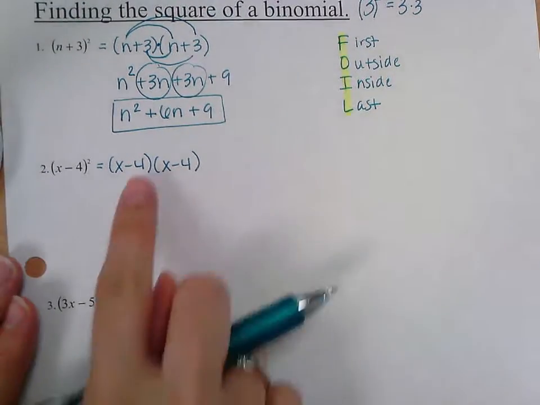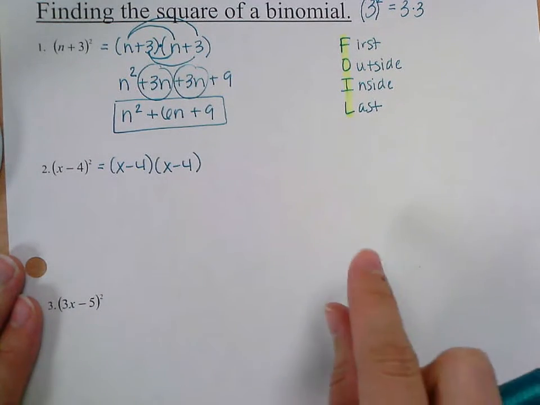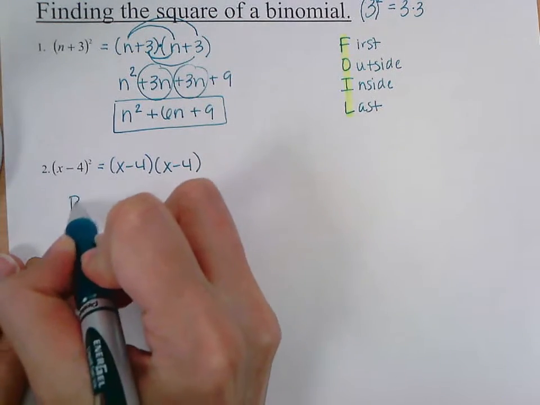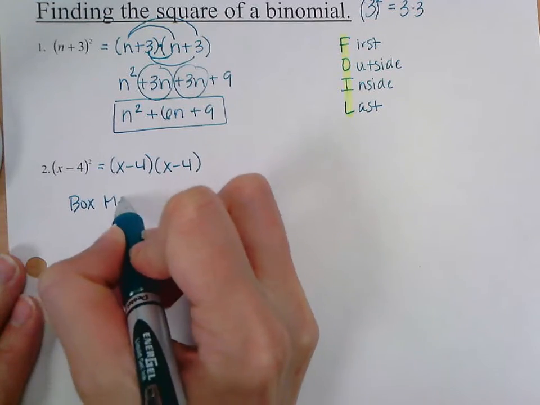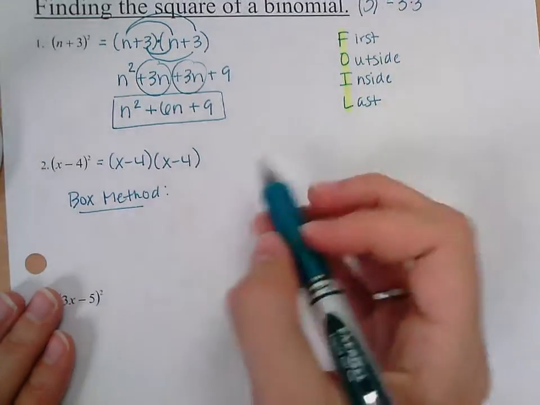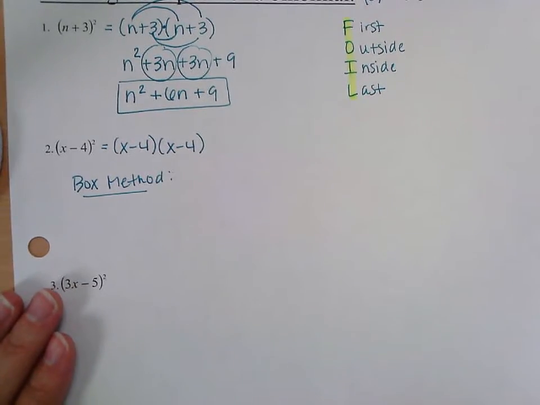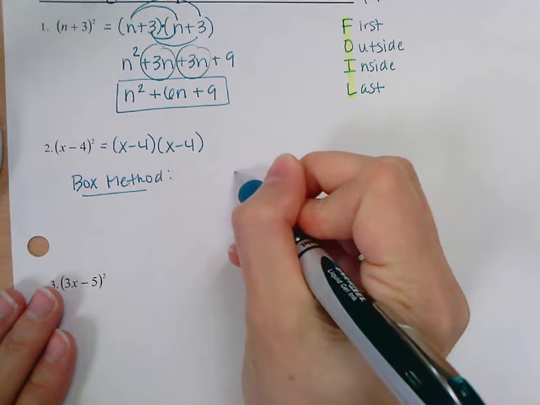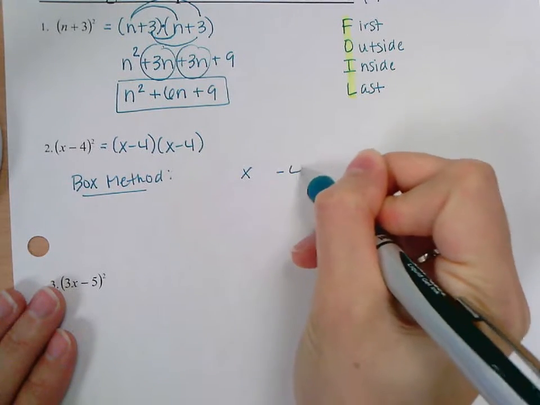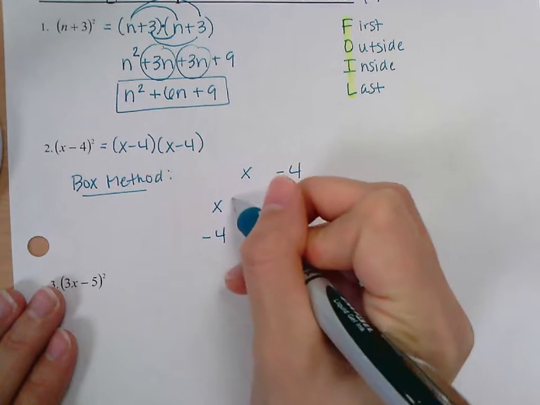If this method works for you, you can go ahead and use it and just check your final answer. So you're going to have the binomial on the top and on the side. On the top, I would have x and minus 4, and on the side, I would have x and minus 4.